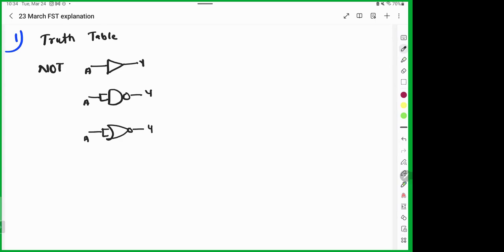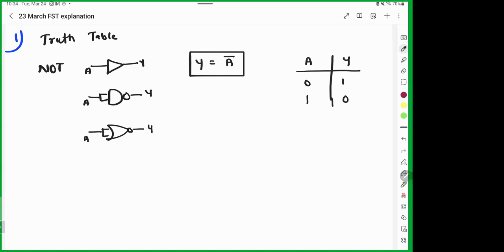In NOT gate, your output will be the opposite of the input. If you make the truth table, A is 0 or 1, there are only two possibilities. Then Y will become 1 and 0. This is the first gate, the NOT gate.